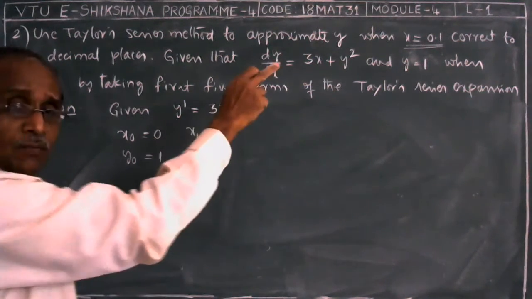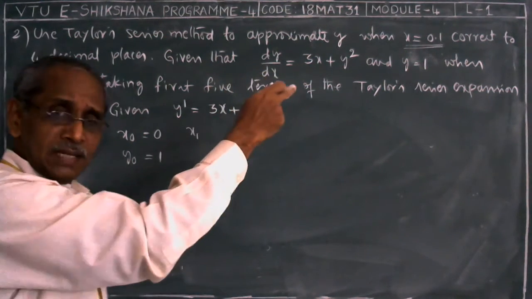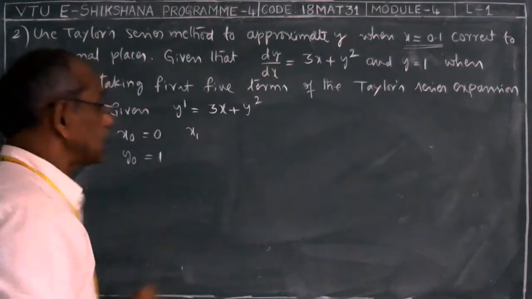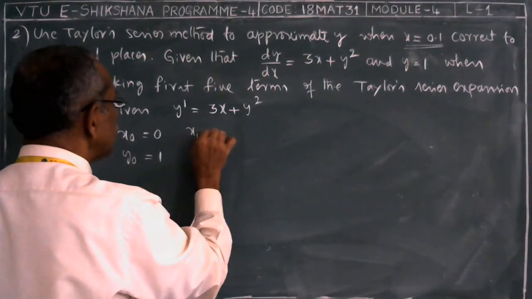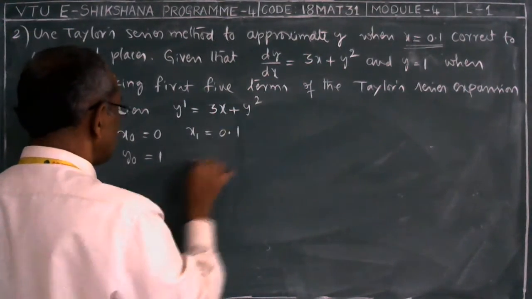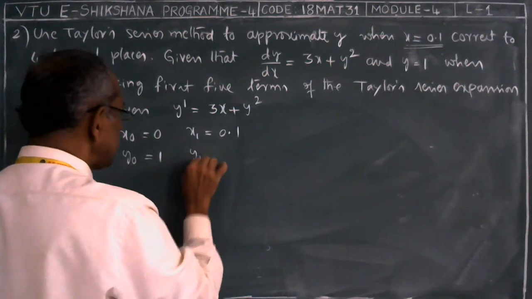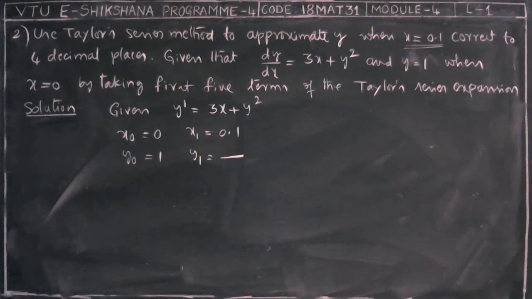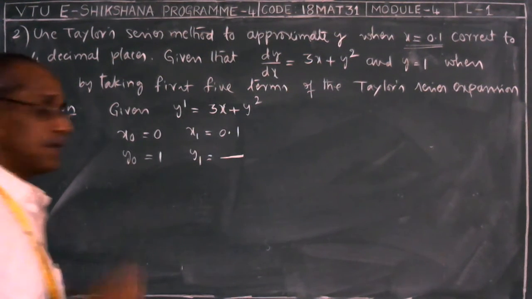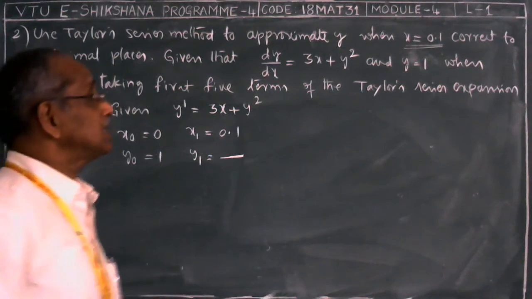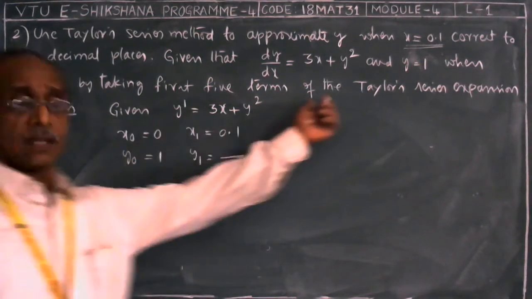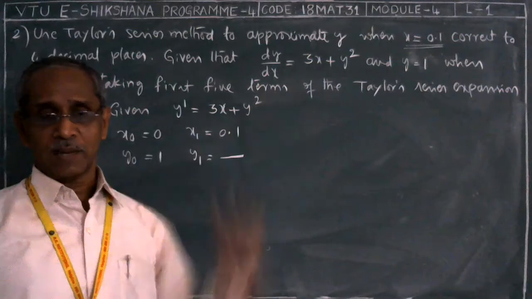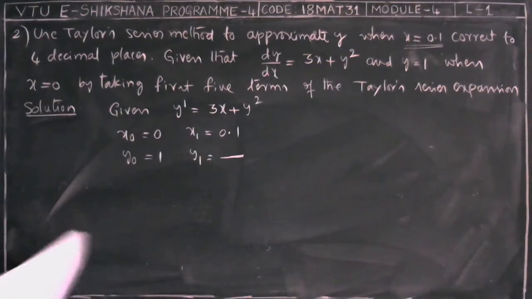We need to calculate y1 at this point, that means y at x is equal to 0.1, by the Taylor series method, by considering the first 5 terms of the Taylor expansion. That is the condition.